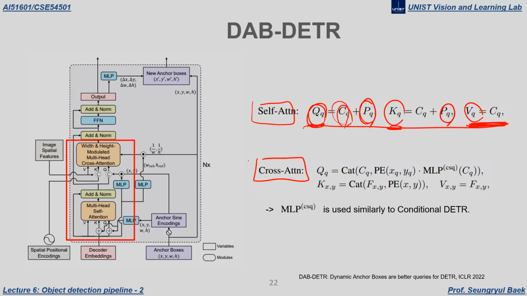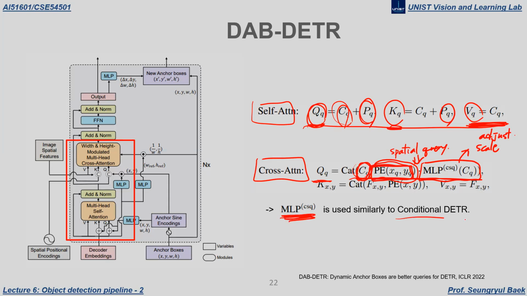For cross attention, the queries are generated like this: a concatenation of the content query and the spatial query. It first applies positional encoding to the query locations and multiplies by a scale that adjusts the scale of each encoded position. This is used similarly to the previous conditional DTR.